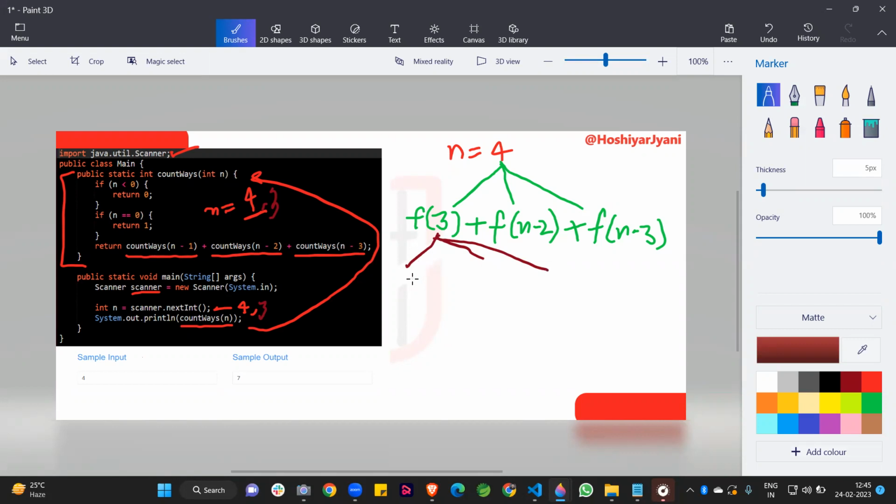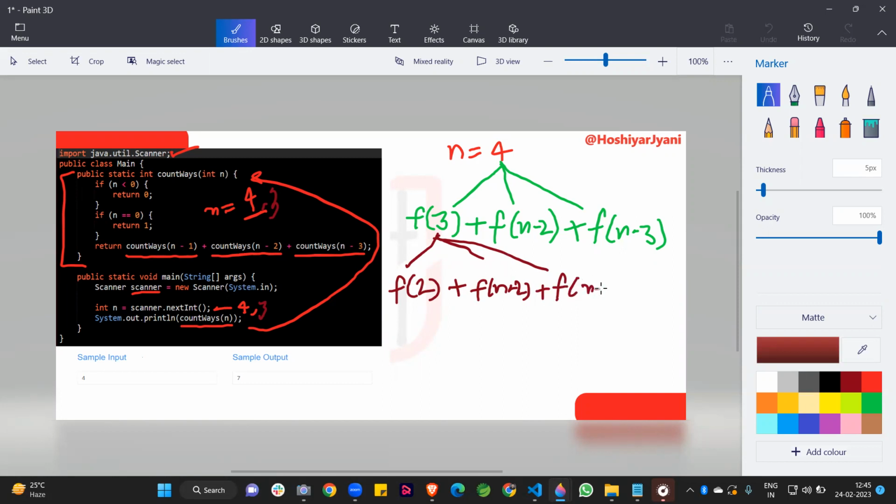Here first we write countWays n minus 1. What is our n value here? n is 3, so 3 minus 1 is f of 2. So we first solve this method. After that we take these two. I avoid solving these now, and write simply like this: f of n minus 2, and third one is f of n minus 3.